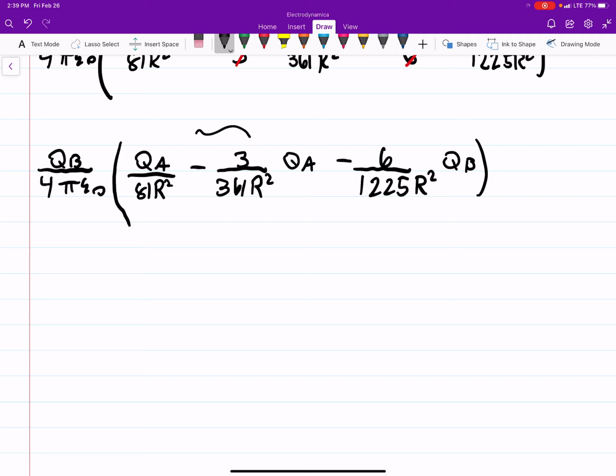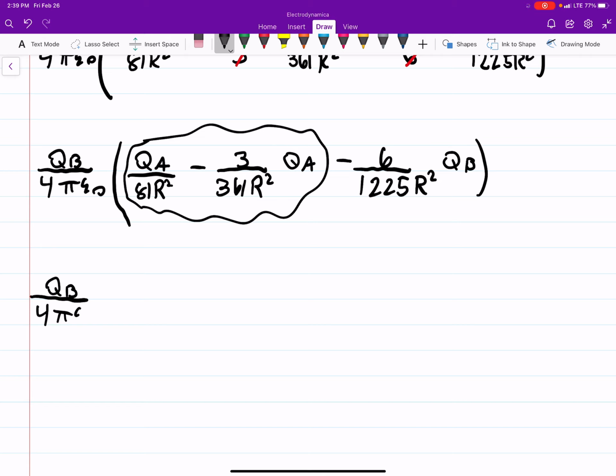So here you could get common denominators, obviously, both right here. So let's see, QB over 4 pi epsilon naught. So that's going to be 118 over 29241. While we're at it, I'm going to go ahead and factor out an r squared.